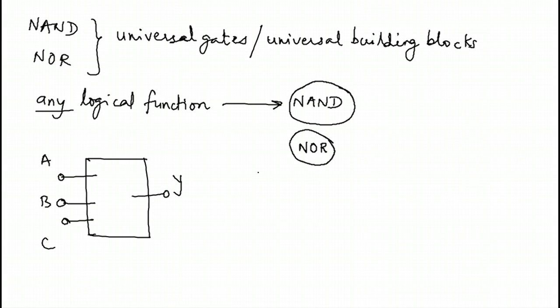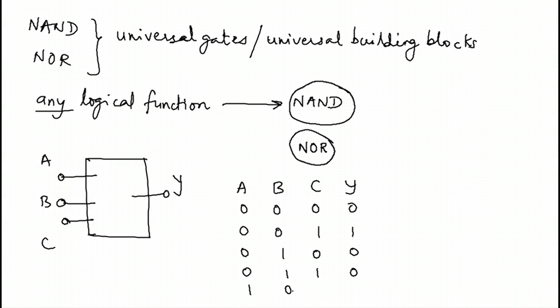Now it's not any ordinary output. I give it to you in the form of a truth table, and let's say 0 0 0 corresponds to Y equal to 0, and 0 0 1 corresponds to Y equal to 1, and 0 1 0 corresponds to Y equal to 0, and 0 1 1 corresponds to Y equal to 0, and 1 0 0 corresponds to Y equal to 1, and so on.